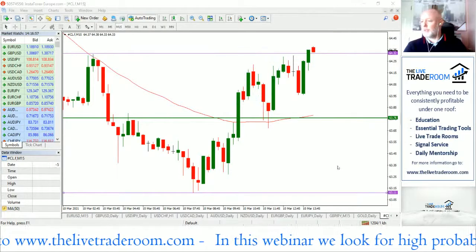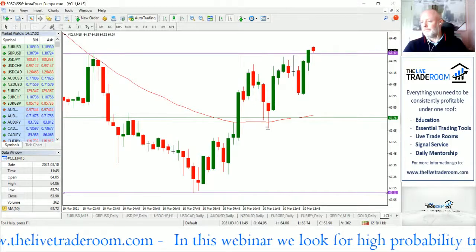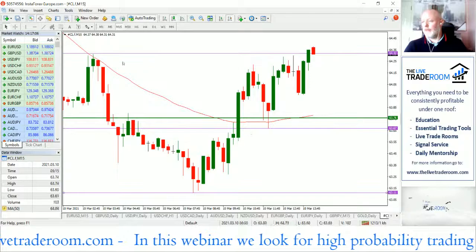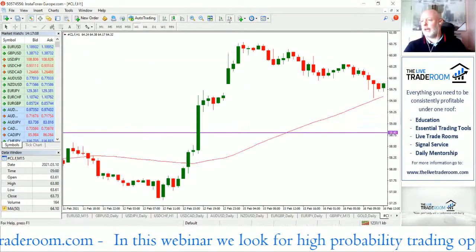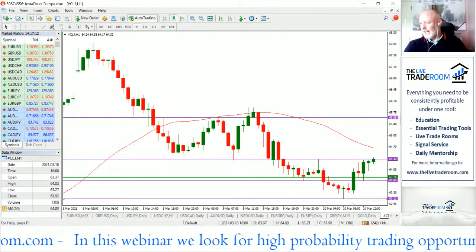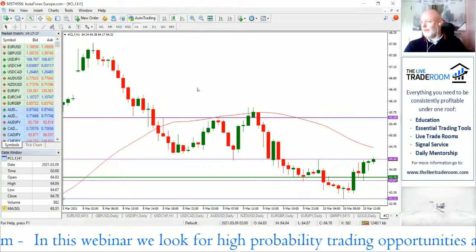From a stop loss perspective, we've got two technical options really. It might be worth looking at the hourly. Yeah, it's really the 63.11. That's the 63.67.